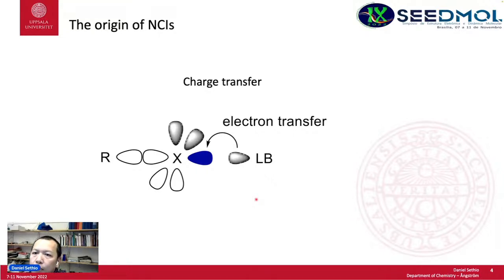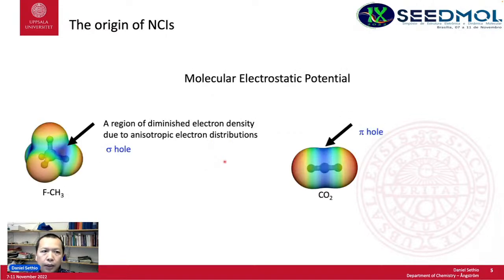So the origin of non-covalent interaction can be explained by the charge transfer. The charge transfer from the lone pair of the Lewis base to the sigma star of the halogen atom is stabilizing this interaction. The origin of non-covalent interaction can also be explained by electrostatic potential.